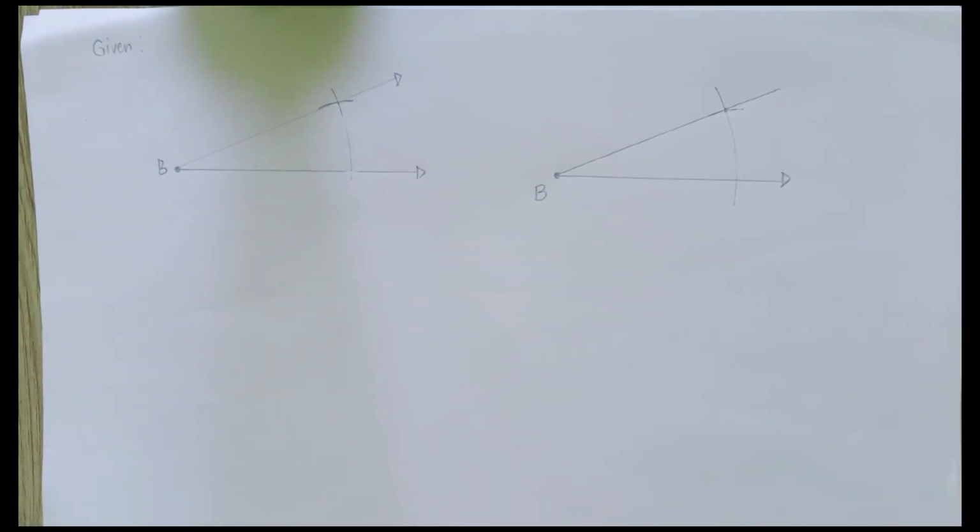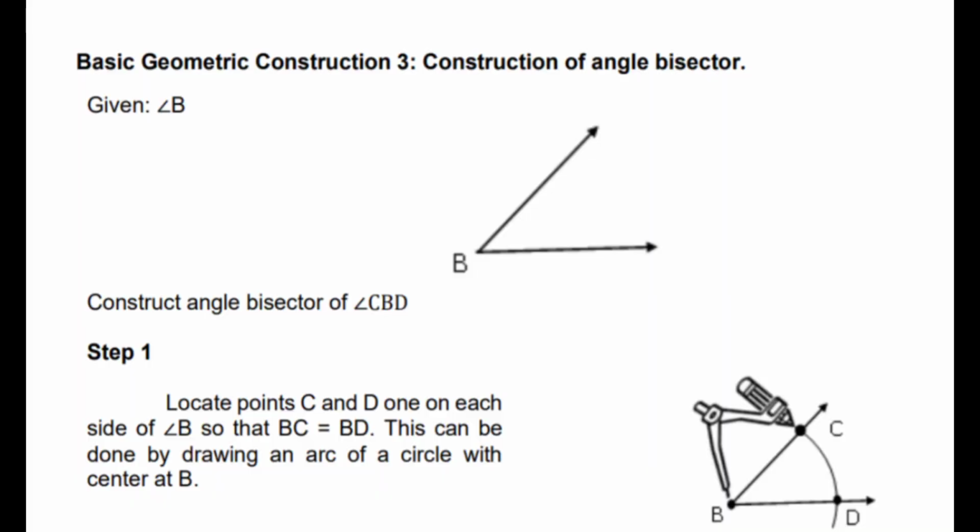Okay, so we have these two congruent angles. Next, we have the basic geometric construction 3, construction of angle bisector.